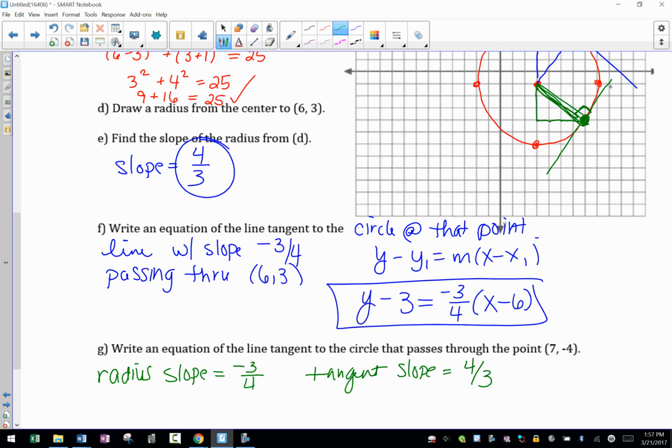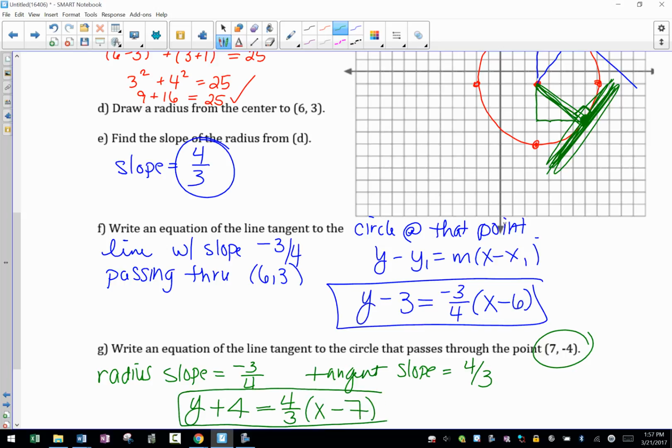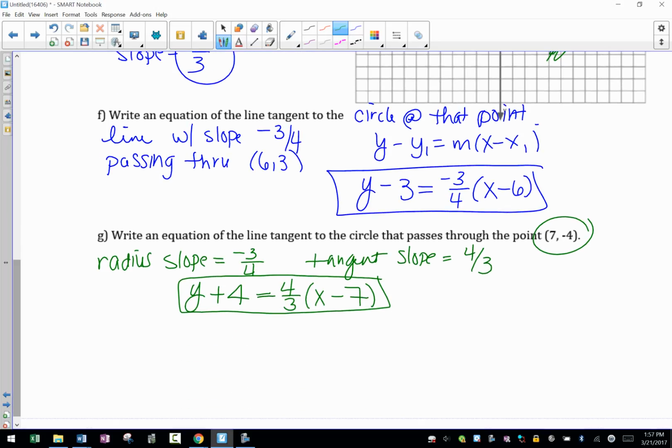Okay, so now I know that this has a slope of 4/3 and it passes through (7, -4). So I do y minus y1 equals m times (x minus x1). Okay, and that is how you get a tangent line to a circle.